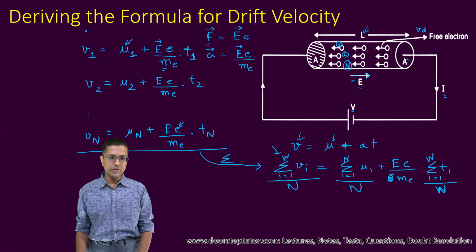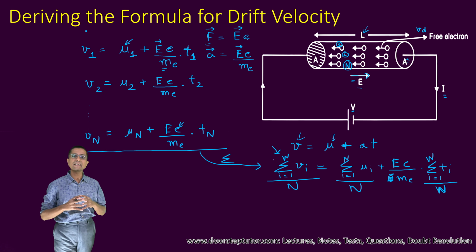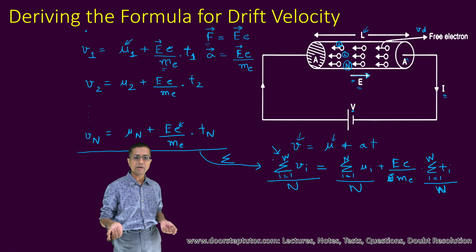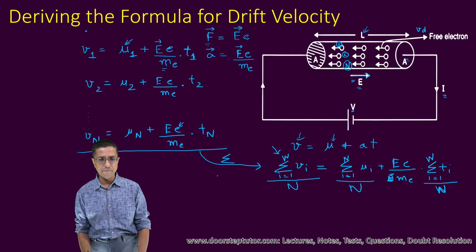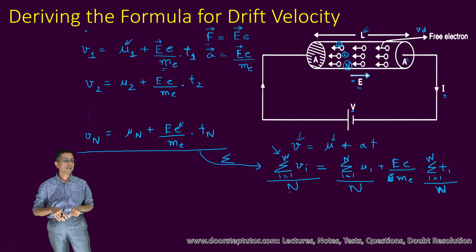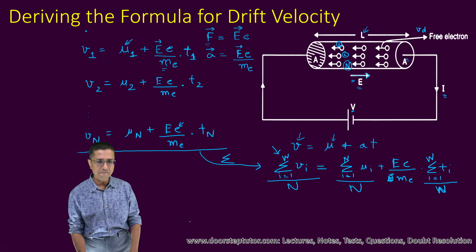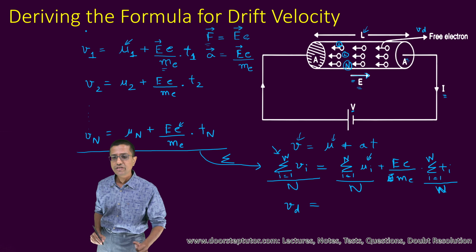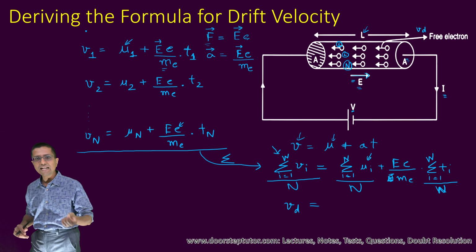This is the net velocity due to the presence of the electric field. This is the net velocity because it's the average velocity of the electron due to the presence of the electric field, and that is by definition our drift velocity, vd. This is the average velocity after the electrons have collided.